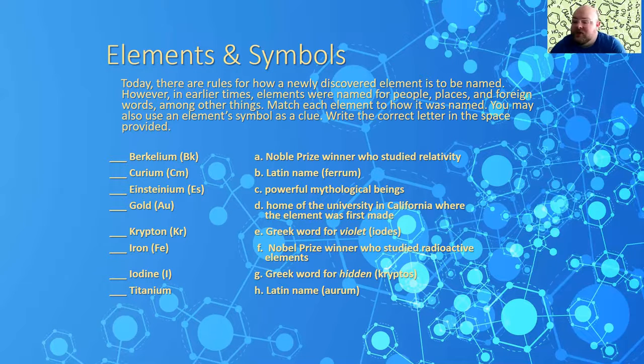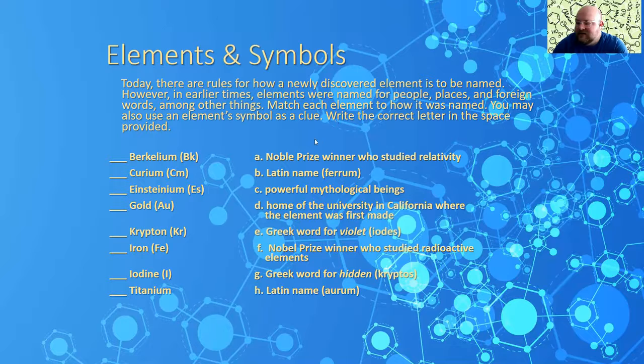Okay, hopefully you took a shot at figuring some of these out. I know these are weird, but let's go through them. Berkelium, Bk. So if we read through this list here, that's going to be letter D, home of the university in California where the element was first made. So Berkeley University. So Berkelium is named after a place. Curium, Cm.